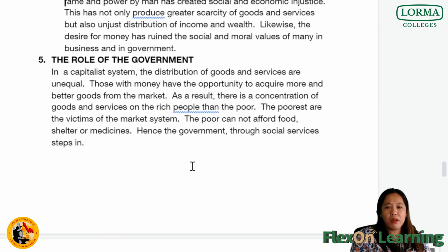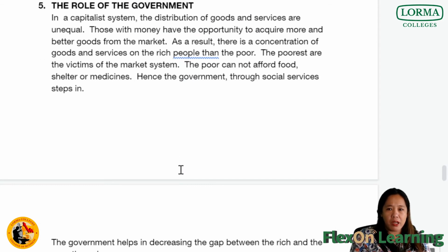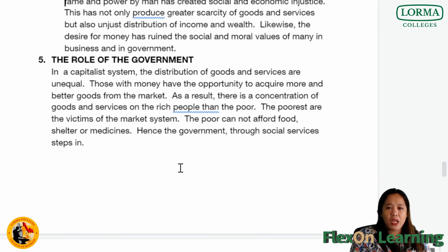Okay, let's talk about the role of government in economics. So in a capitalist system, just like the Philippines or let's say the United States of America, the distribution of goods and services is unequal. Do you agree? Some of us are receiving higher income, some are receiving very low income, some with a 10-story house.